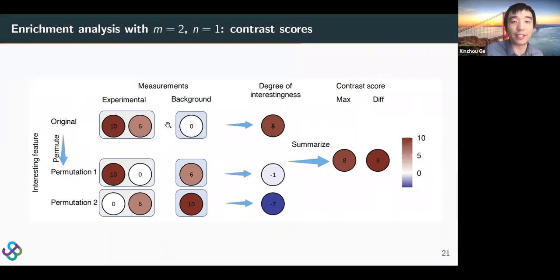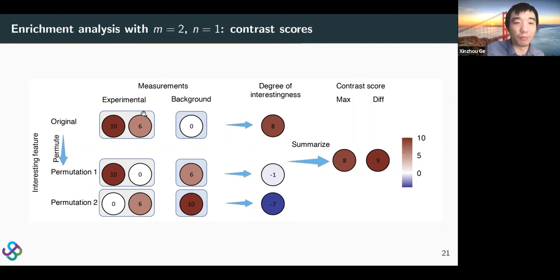In this example, we have two replicates from the experimental condition and one replicate from the background condition. And I will introduce the degree of interestingness later.